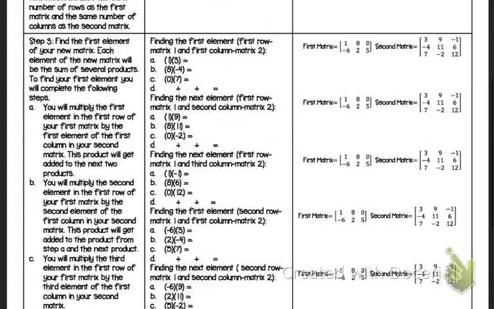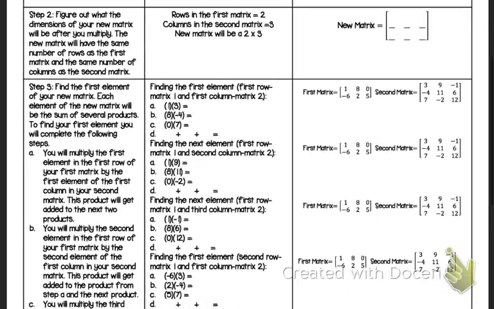I don't want to keep having to scroll up and down, so I'm just going to show you what we do here. You always multiply the rows by columns. If you look at your first matrix, the first row is this right here, 1, 8, 0. So we're going to multiply the first row by the first column. We multiply 1, 8, and 0 by 3, negative 4, and 7.